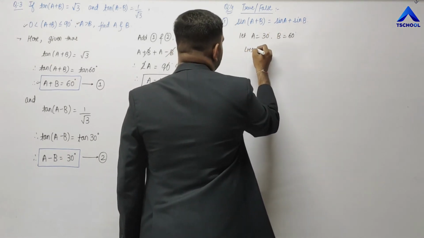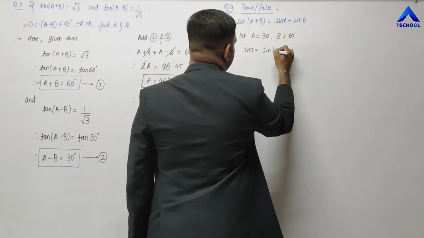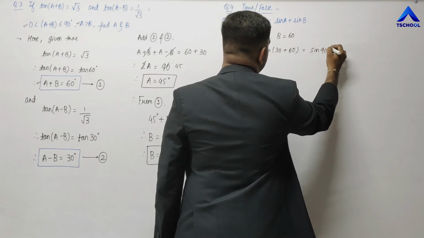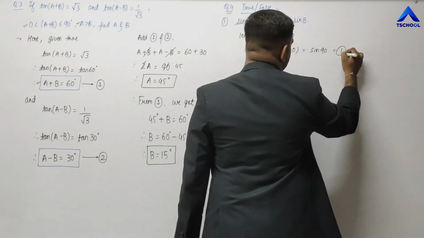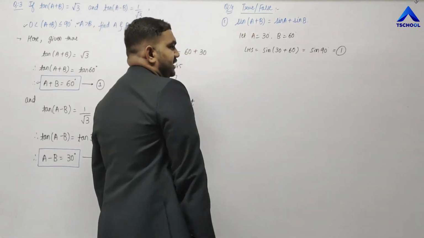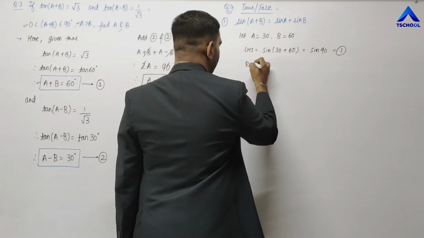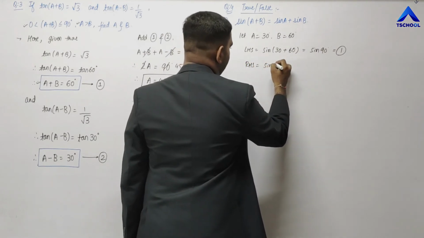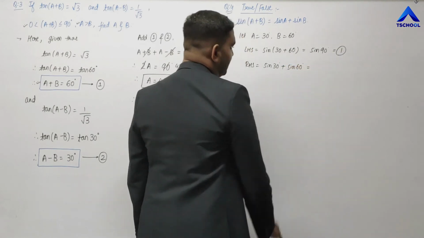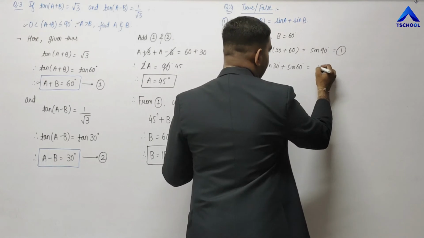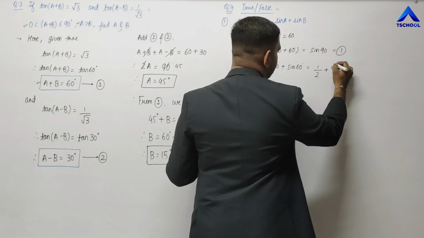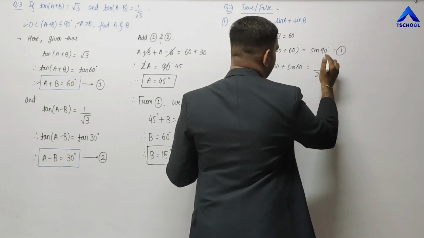So the LHS we get will be sine(30 plus 60), which is equal to sine 90 degrees, which is equal to 1. So we got the LHS here, that is equal to 1. And the RHS, that is sine 30 degrees plus sine 60 degrees, which is equal to 1 by 2 plus root 3 by 2.